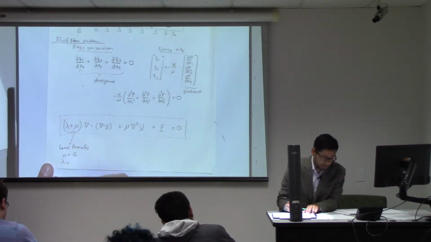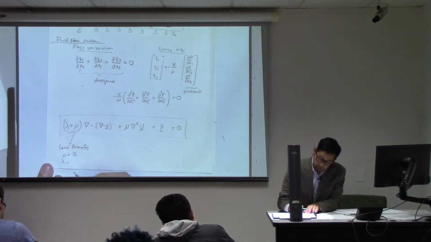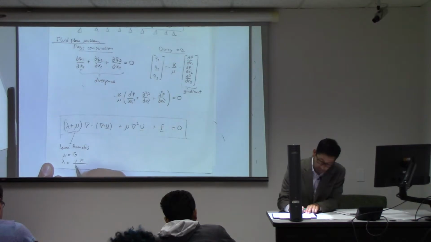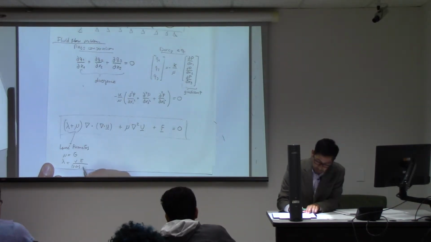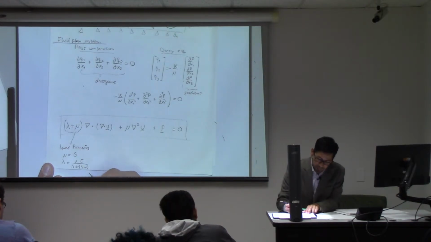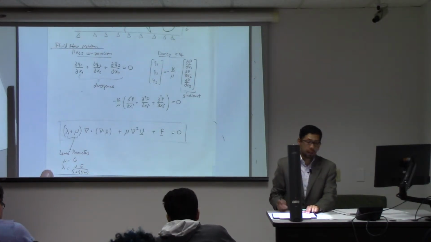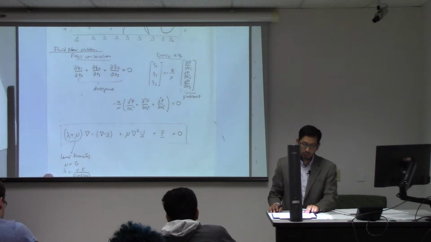The first Lamé parameter is the combination of Poisson ratio and one modulus. And that depends on the rock, okay?